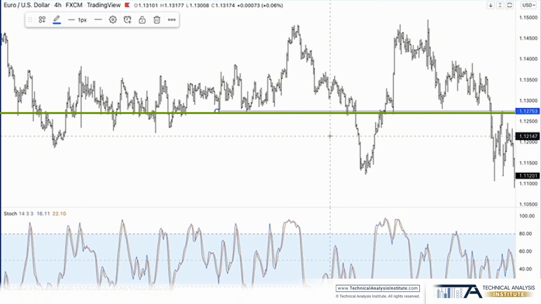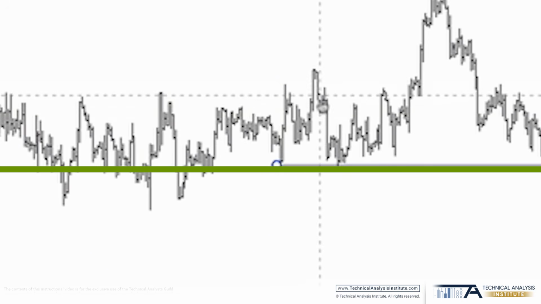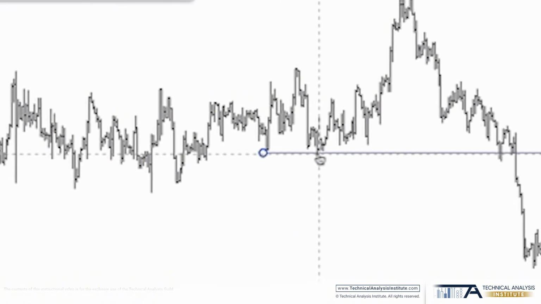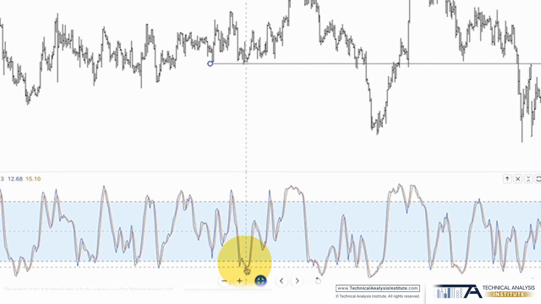Okay, so now let's look at how the market behaves with those areas and how we can use the stochastic. For instance, right here we had this support area and the market tried to go up. It does, but when it comes back down, it finds support in the same area of support. Now, notice how the stochastic down here gives you a buy signal, a crossing of the blue above the red.